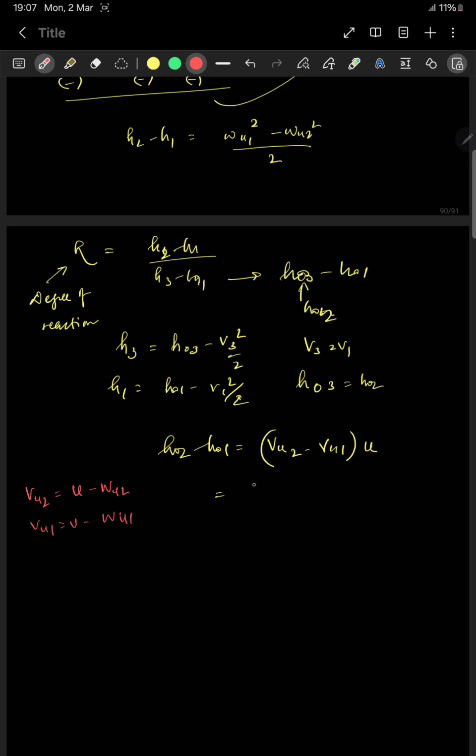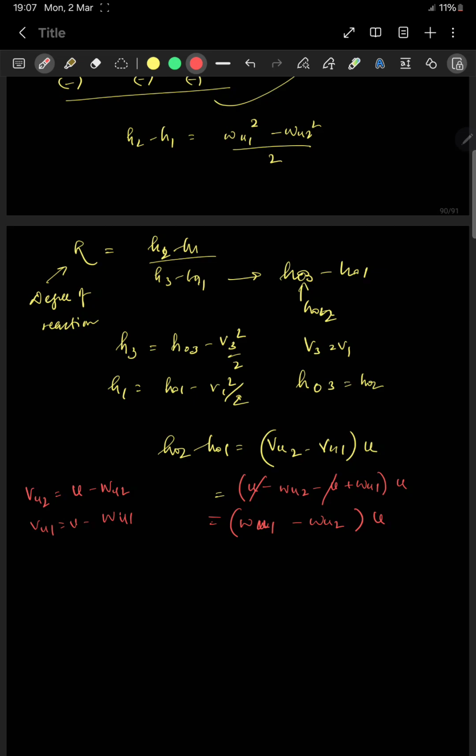If we substitute this, we have u minus wu2 minus u minus wu1. This and this will cancel out. This is u into wu1 minus wu2, right?